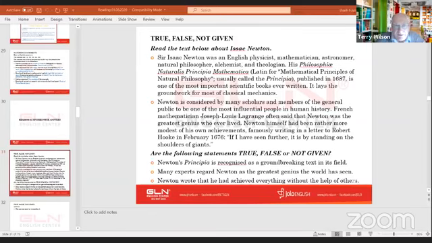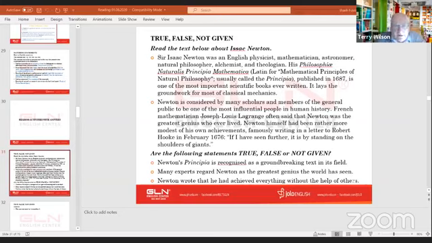So, Newton's Principia is recognized as a groundbreaking text in its field. So, the key word here is groundbreaking. Many experts regard Newton as the greatest genius the world has ever seen.